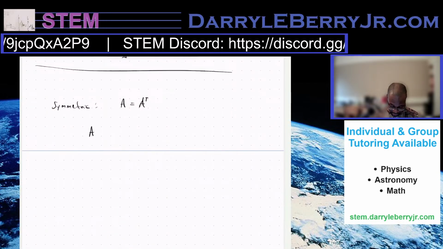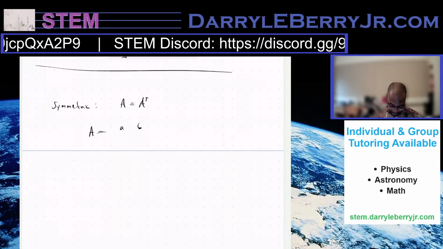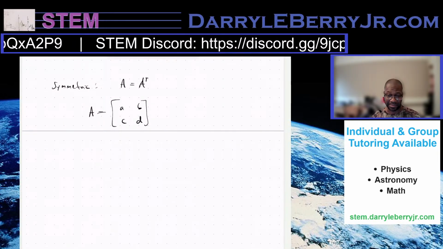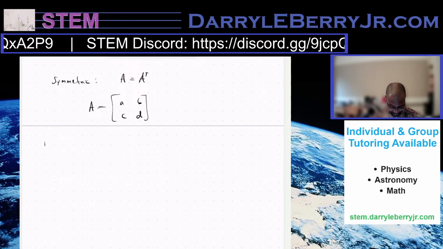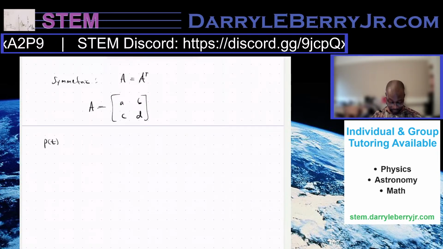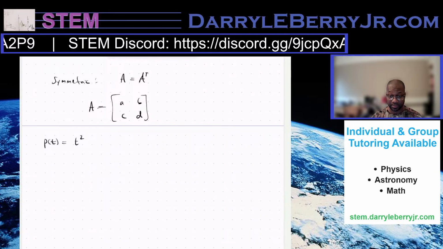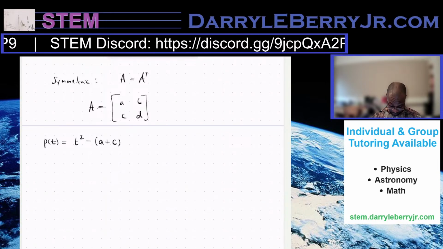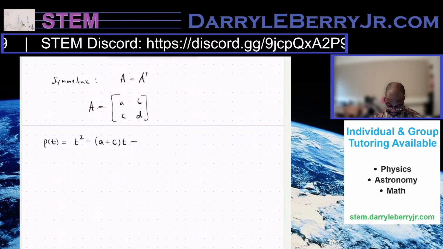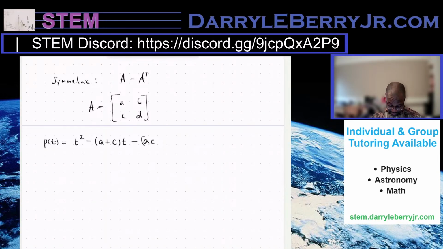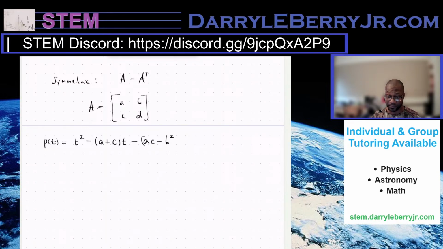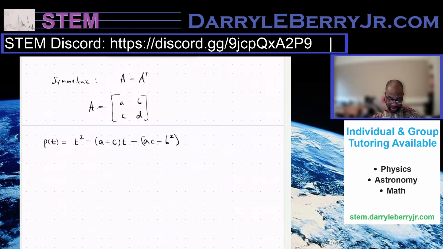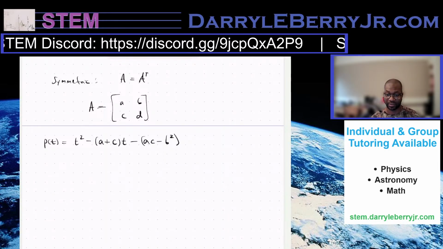And we'll call A equals A, B, C, D, whose characteristic polynomial is t squared minus (a plus c) t plus (ac minus b squared). I don't actually remember what the characteristic polynomial is. Let me refresh myself.